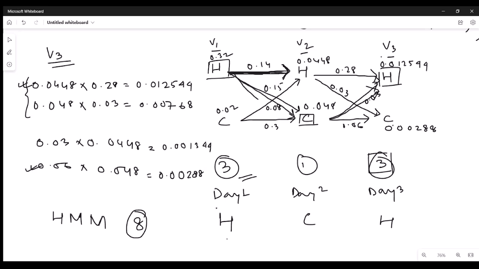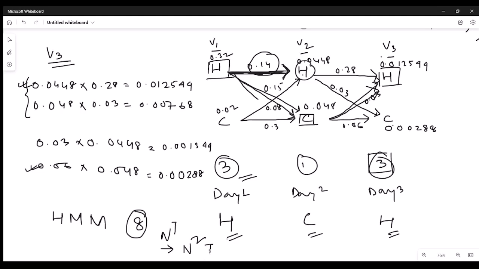The Viterbi algorithm helps us to store these intermediate values and calculate the next state with their help, and finally whichever is the maximum, follow that path, and the combination from this example is H, C and H. Thus the Viterbi algorithm utilizes the approach of dynamic programming that helps us reduce the time complexity from n to the power t to n square t.